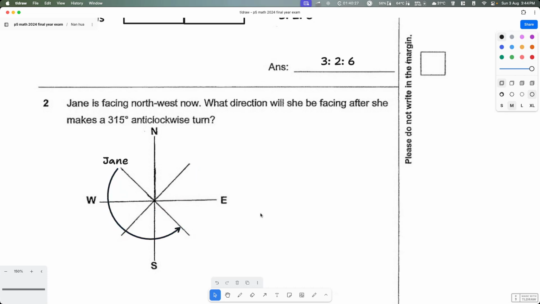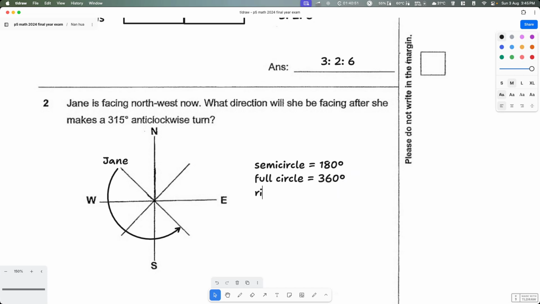We know that a semicircle is equal to 180 degrees, and a full circle is 360 degrees. So where is this 315?